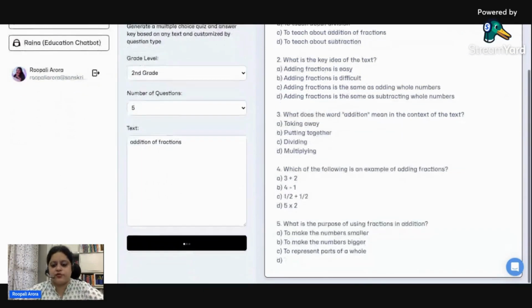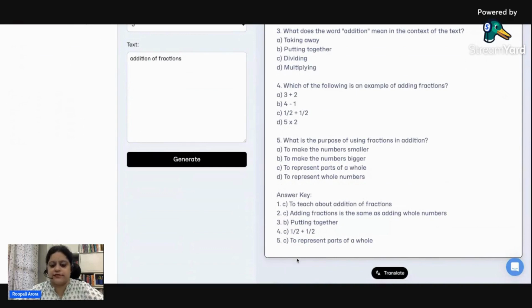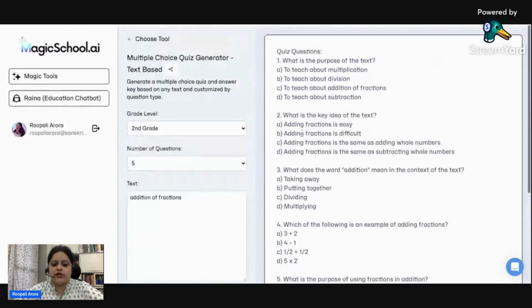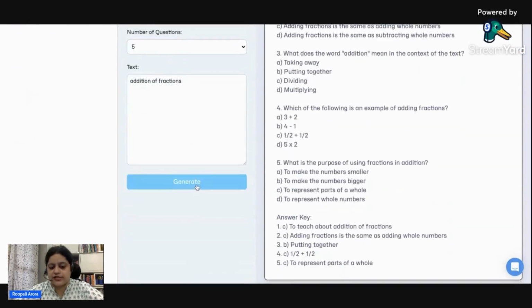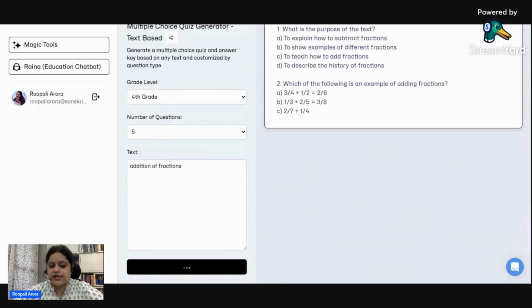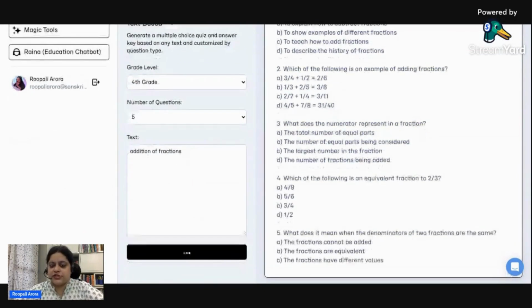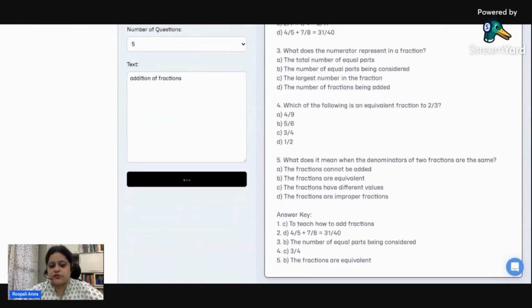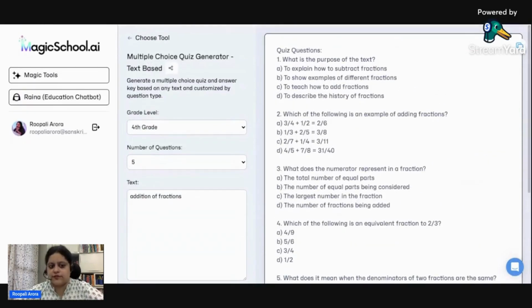So for grade 2 level, questions will come up in MCQ format with the answer key. If I'm teaching, say, fourth grade, and I again want to do addition of fractions and I generate, I'll get another set of 5 questions as per grade 4 level. So depending upon what grade level we are teaching, we can create MCQs within a few seconds on any topic of our choice with an answer key.